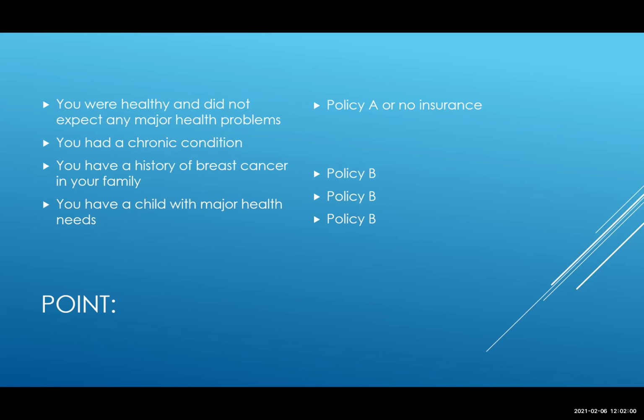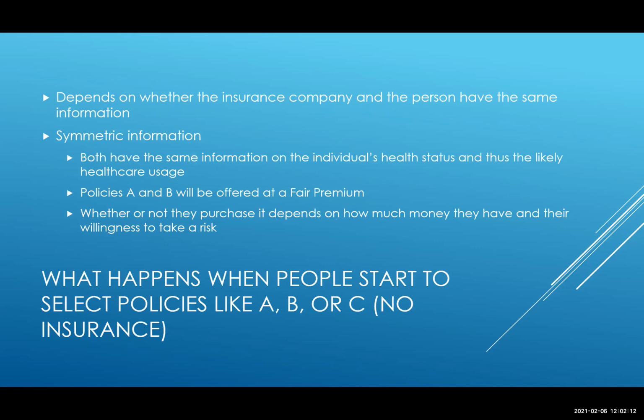If you had a chronic condition, or if you had a history of breast cancer in your family, or your child has major health issues, you'd probably choose policy B. So it depends on whether the insurance company and the person have the same information, right? On who gets which insurance. So symmetric information, both have the same.